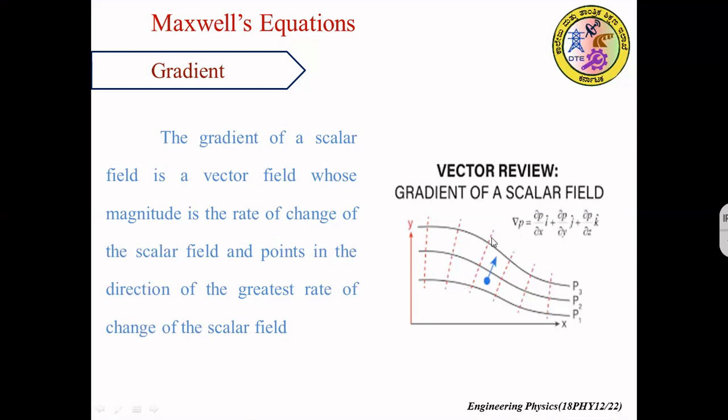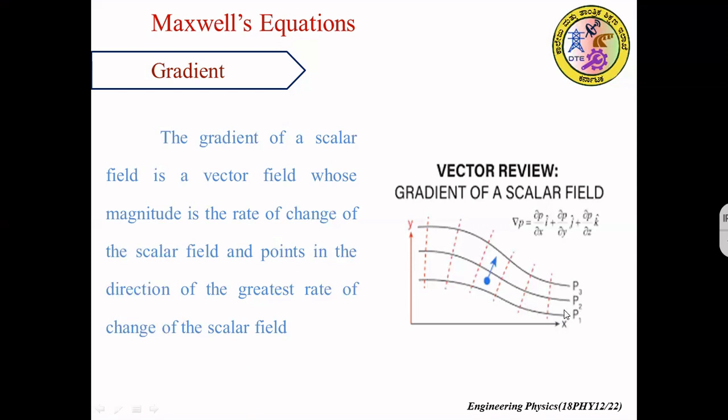So there is a difference in temperature between these lines. This temperature can be measured on these lines as well, all along the length of the line. But assume that we have joined the temperatures which have equal value, forming this line. That means this line represents isotherms.